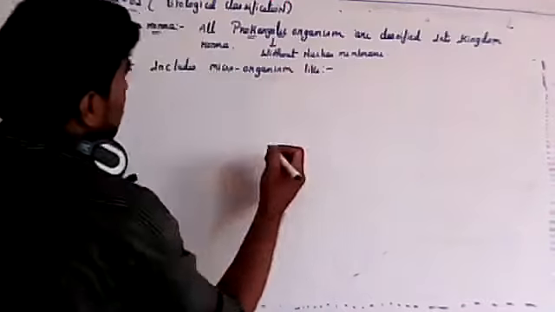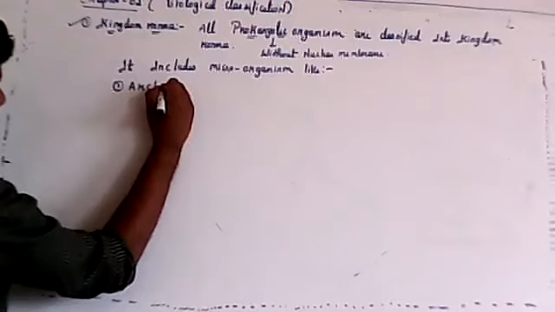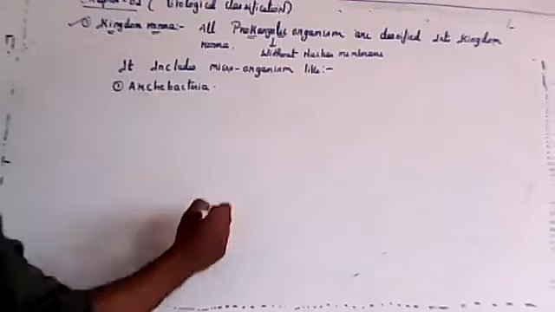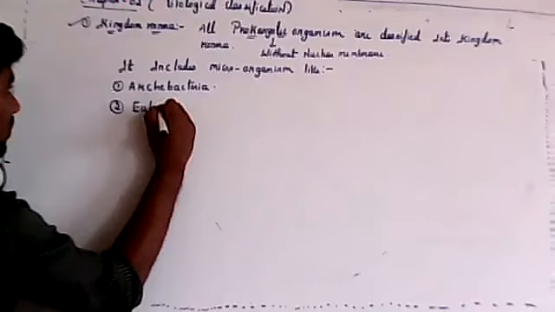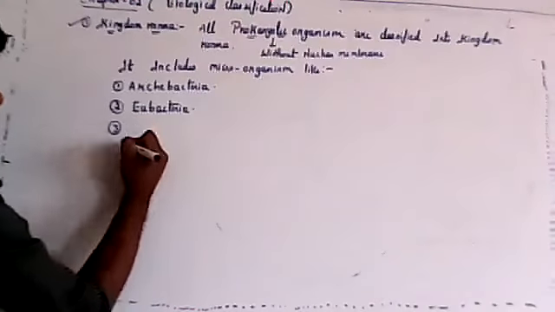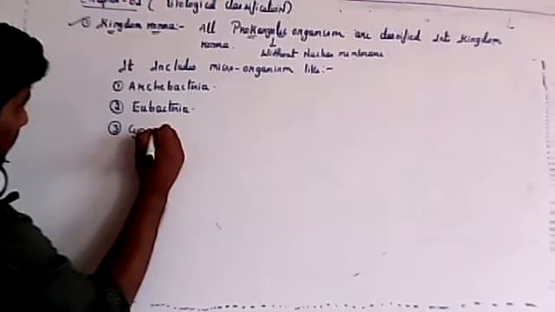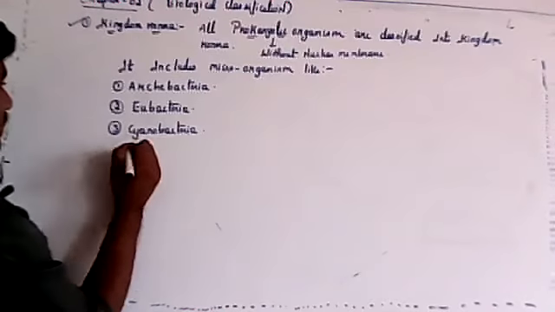The first one is Archaebacteria. The second one is Eubacteria. The third one is Cyanobacteria. The fourth one will be Mycoplasma.